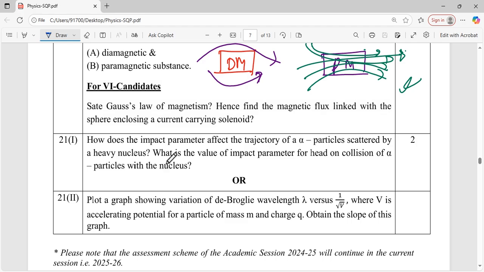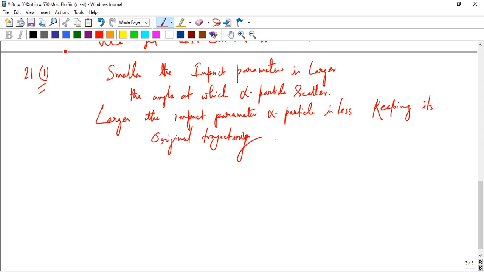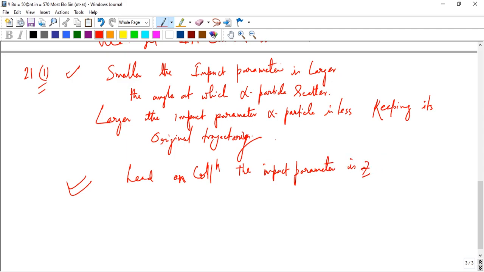So for a head-on collision, the impact parameter is 0.